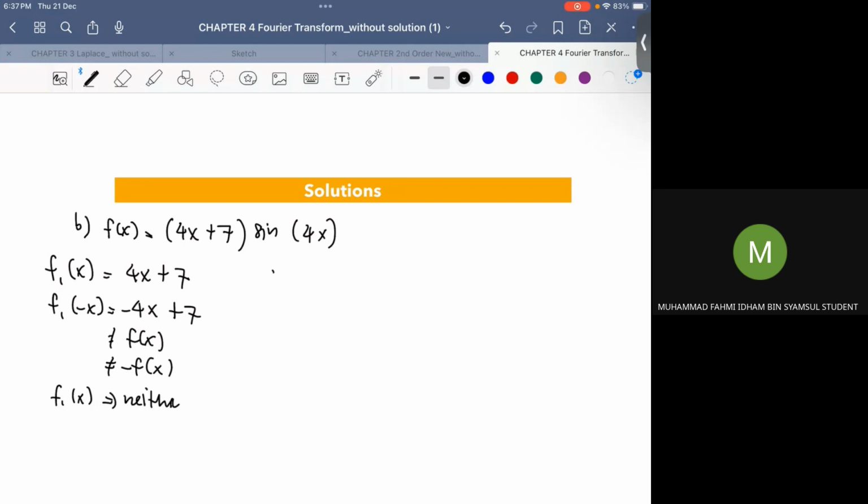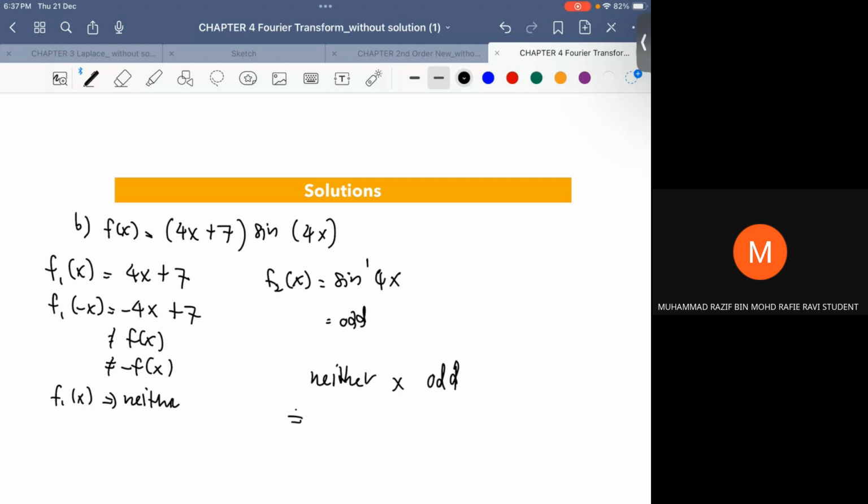What about function 2? Function 2 is sine 4x. So the power is 1. Sine with odd powers will always be odd function. So this one is odd function. So we have neither function multiply odd function.